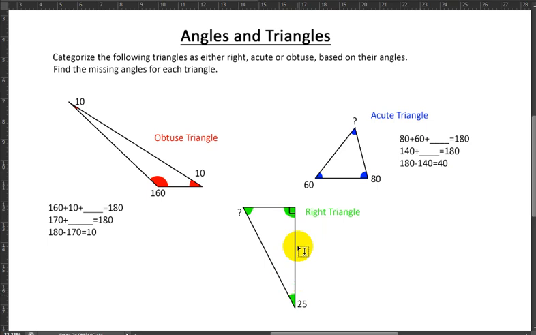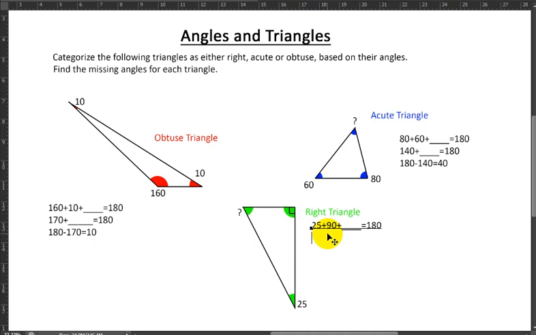Last one. Now here, you might get a little confused because it's only giving me one angle, and it's looking for this one. What about this one? Well, we already know the value of this one because of this little box. Remember, this box means a right angle. And what does a right angle mean? 90 degrees. So 25 and 90, and what gives me 180?